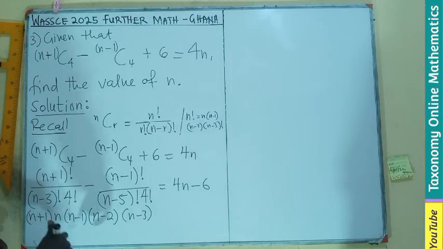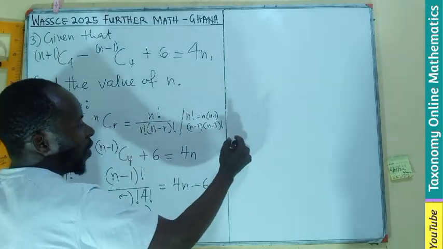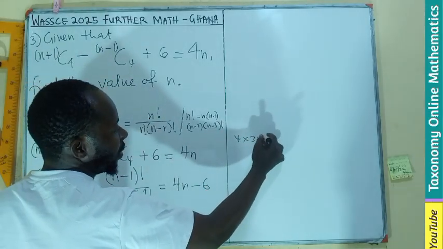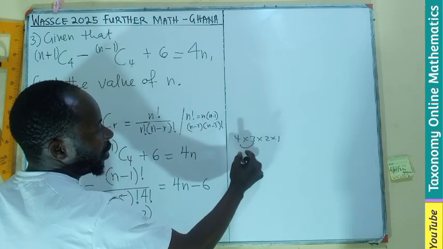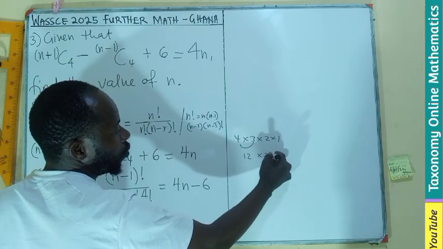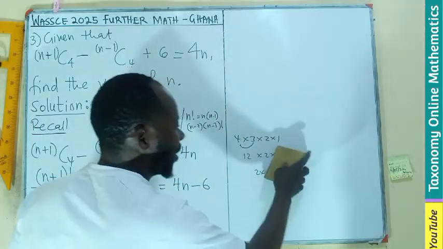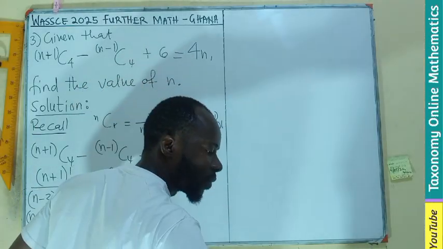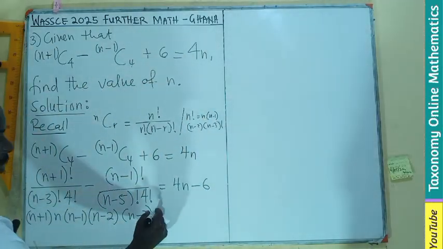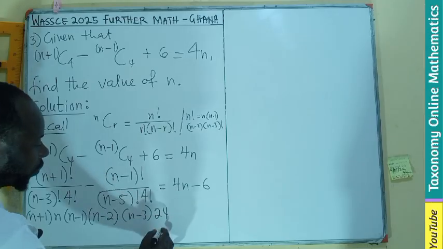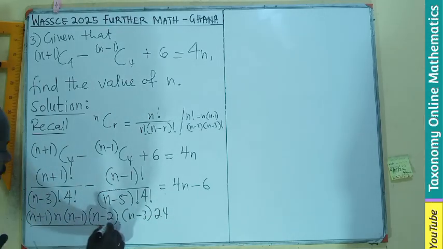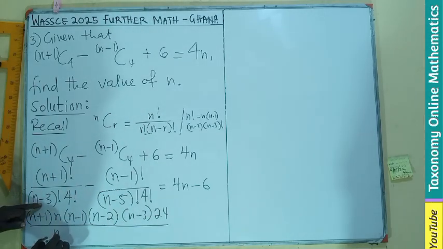Then this factorial is just 4 times 3 times 2 times 1: 4 times 3 is 12, times 2 is 24. So I'm just going to replace that with 24, all still divided by (n−3) factorial.